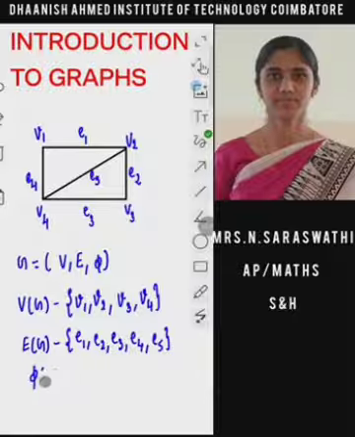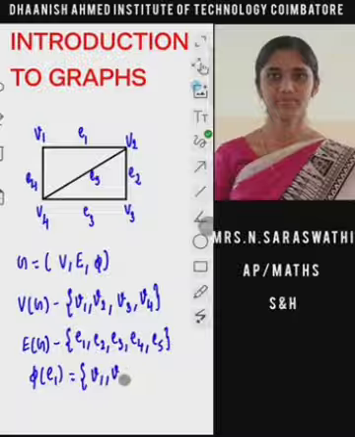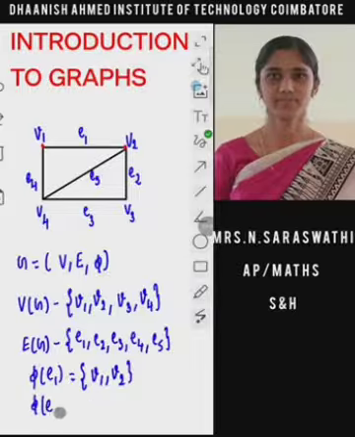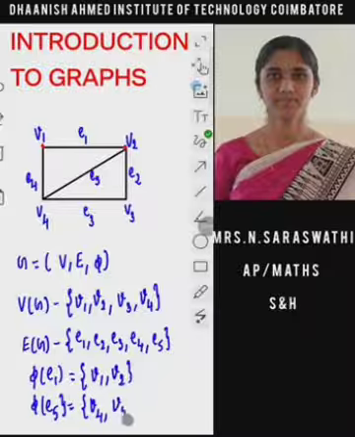Here pi of E1 is nothing but the ordered pair V1, V2, because the edge E1 is incident on V1 and V2 vertices. So pi of E1 equal to V1, V2. Similarly, pi of E5 can be written as V4, V5.